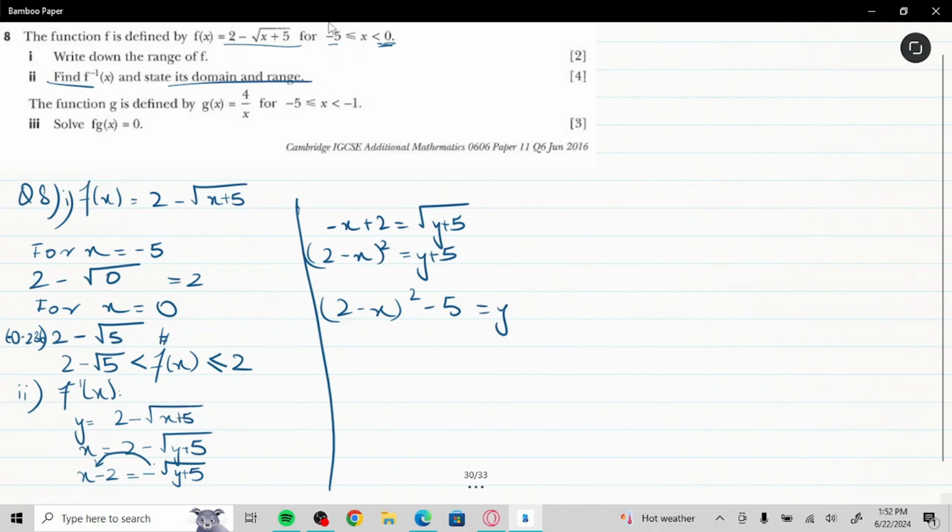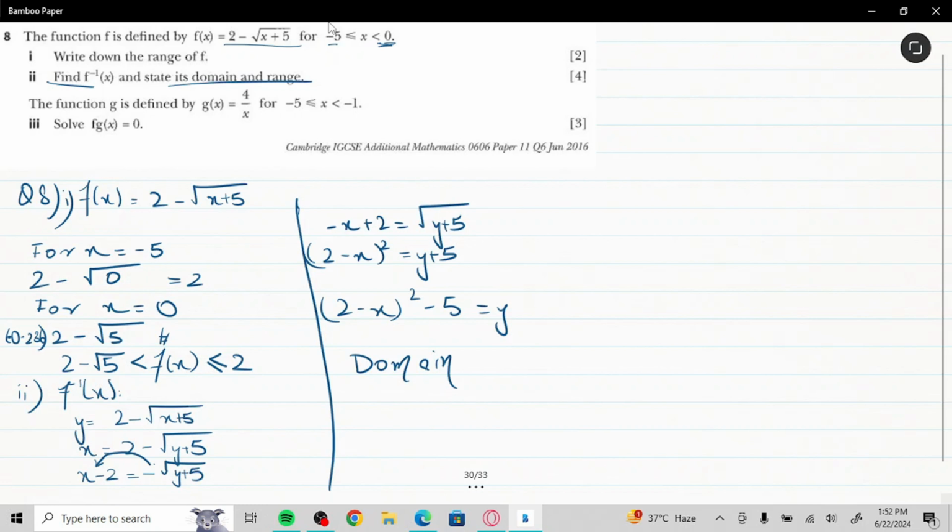So what would be the domain? We've discussed earlier that the domain of a function is the range of its inverse, and the range of its inverse is the domain of the function itself, vice versa. What's the range of the function we found in part 1?